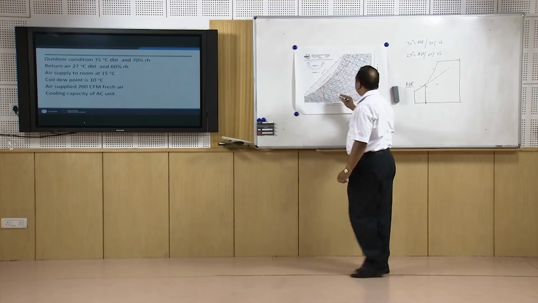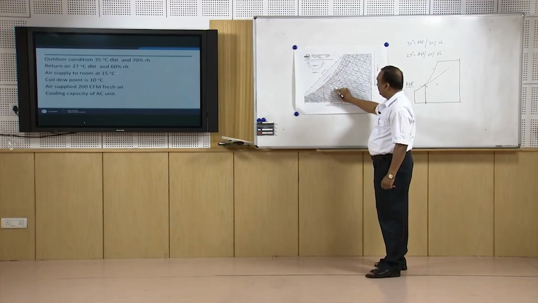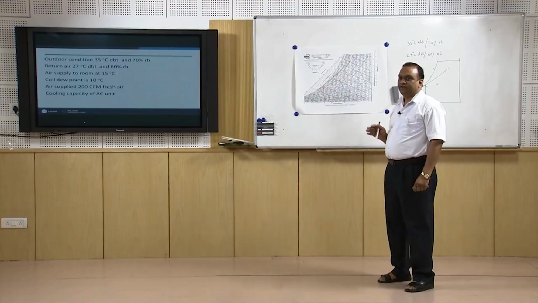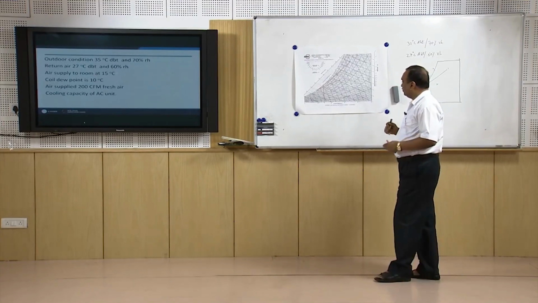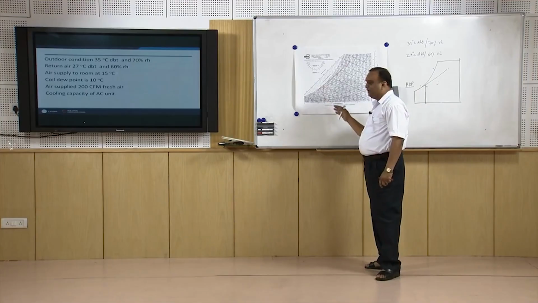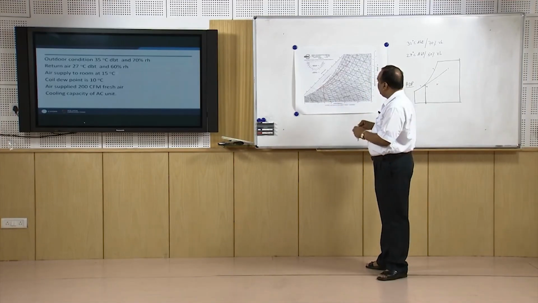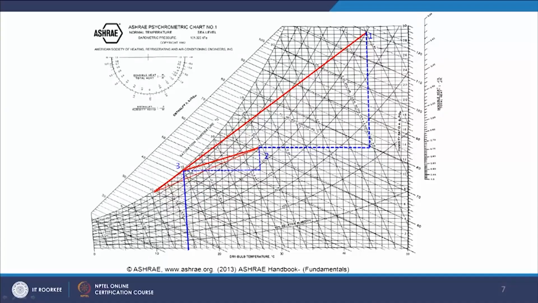We always assumed that the supply is 24 degrees centigrade and 50% RH. But in actual practice, the air which is entering the room, because it has to pick up heat from the room also, is normally at 13 to 15 degrees centigrade. Now this air enters the room and picks up heat from the room, and return air attains the state of, this is state 1, this is state 2, and this is state 3.